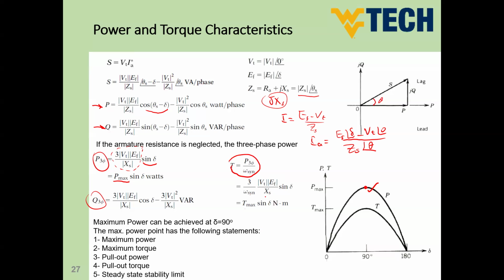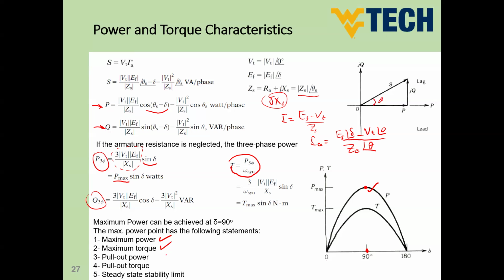We have some common names for the operating point at delta equals 90 degrees. What are these names? First name is maximum power, because the maximum power can be obtained at delta equals 90 degrees. Another name is maximum torque, because it's the same. Maximum torque can be obtained at the same angle.